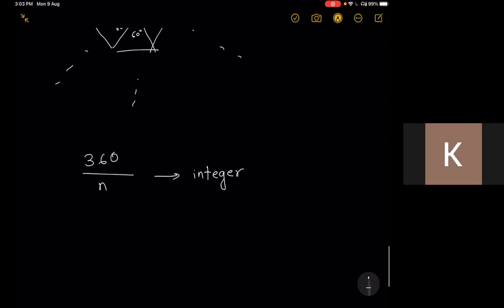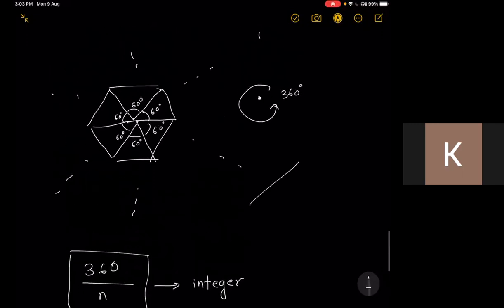Yes, 360 divided by the angle has to be an integer, and for any regular polygon, if you want it to tile the entire plane, then this angle should be a factor of 360. What is this angle in general, by the way?